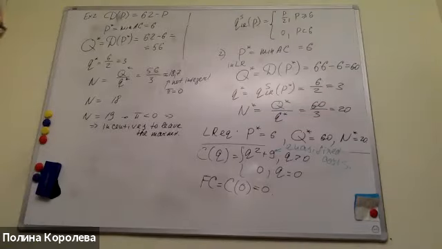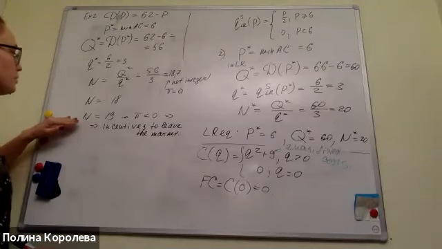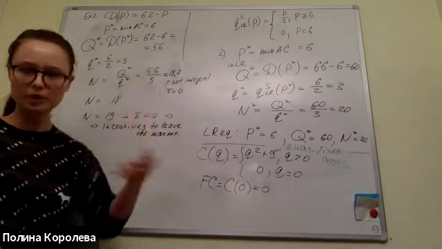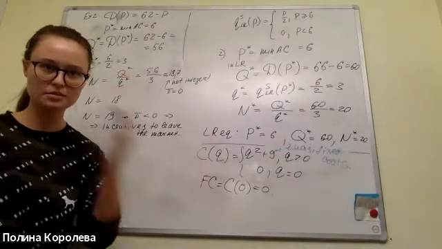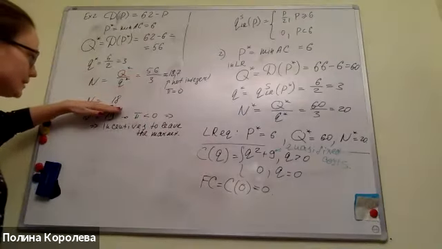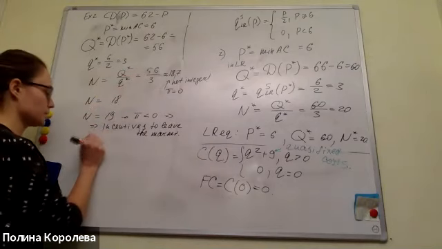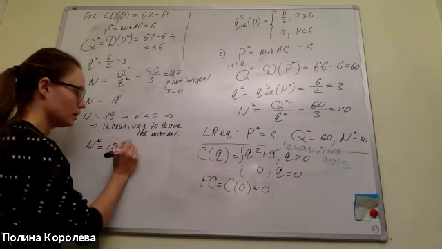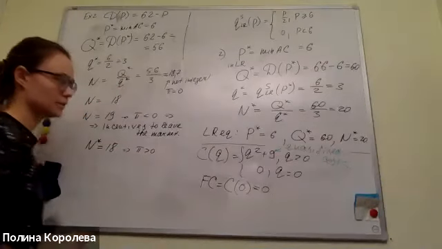So our answer will be: if we have 19 firms, firms have incentives to leave the market, and one of these firms leaves, and now we have 18 firms. And when we have 18 firms, the profit of each firm is greater than 0.